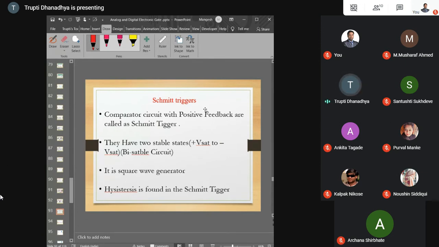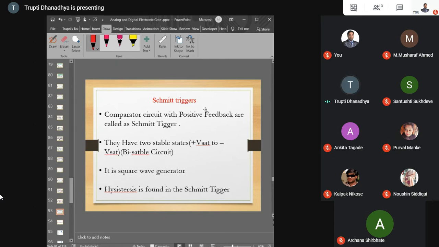Just like the 741 IC is used as an op-amp for designing many applications, for example Schmitt trigger, ZCD, and comparator. Basically the 741 IC is used for the Schmitt trigger, the comparator, and the ZCD. ZCD stands for zero crossing detector.